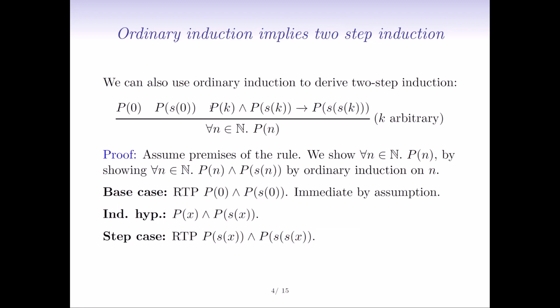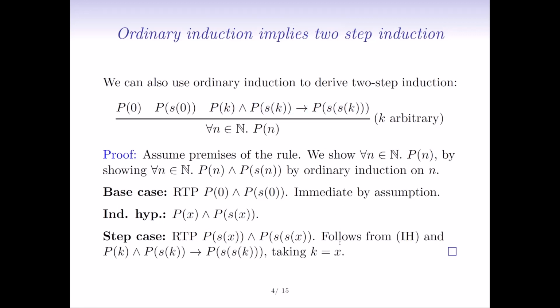So the only thing then is to show P of S of S of X, but this is also quite easy to do using the step case, using this third assumption of the two-step induction principle. So we have Px and Psx by the induction hypothesis, and if we take K equals X in this rule here, we have P of X and P of Sx implies PSSX, so then we have PSSX as well.